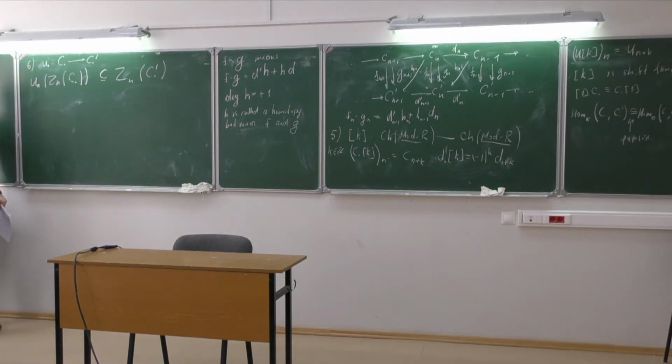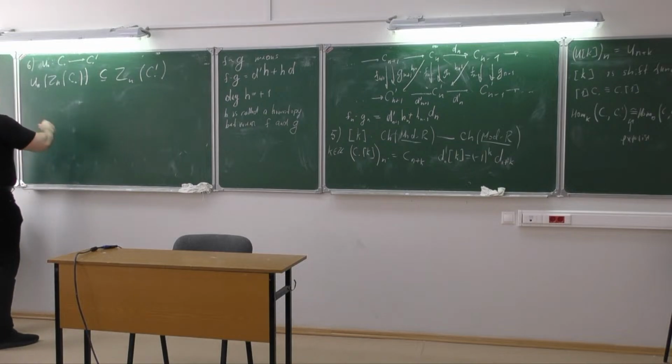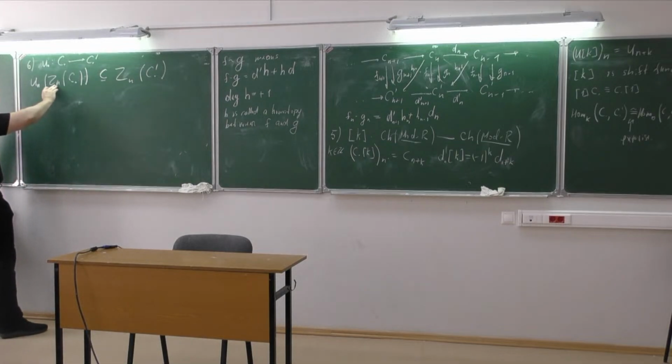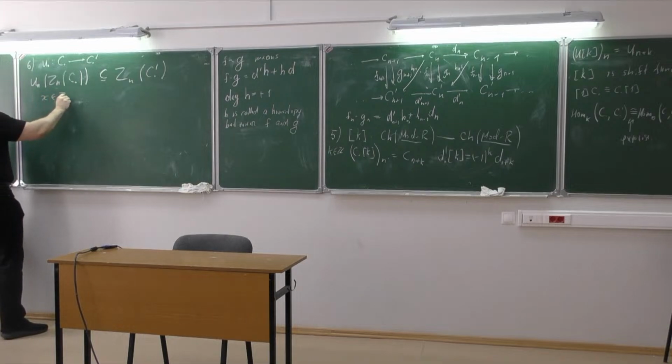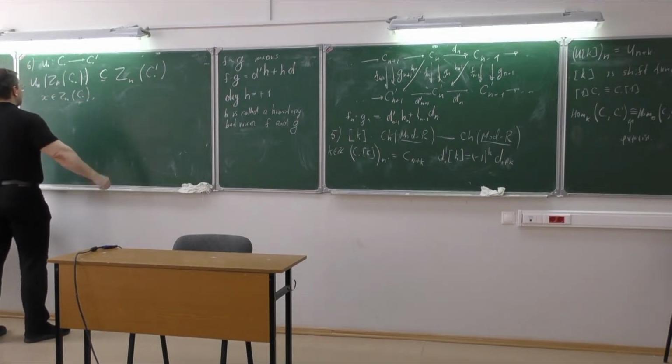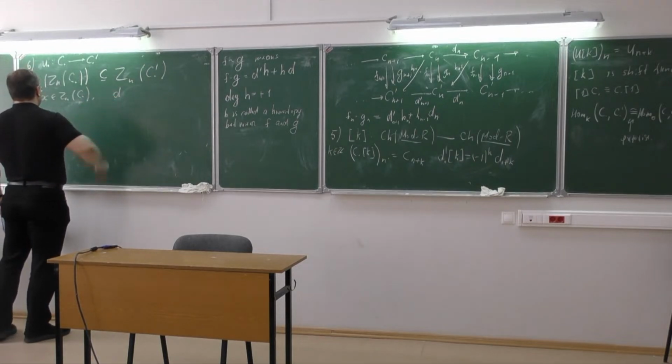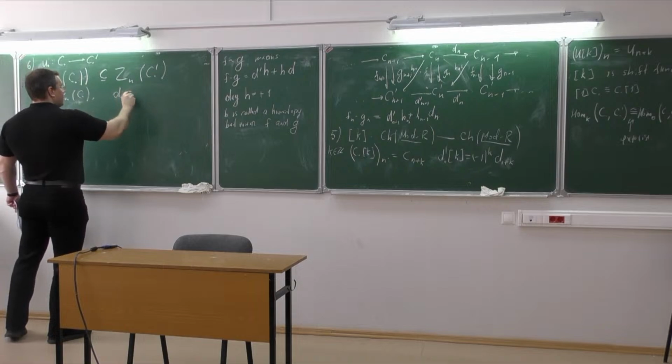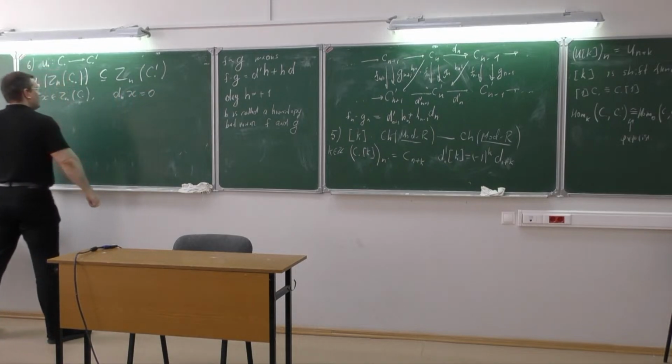So chain map is preserving cycles. Well, this is quite easy to check, I think, right? So suppose we have some x that lives in the cycles of the C. And since this is in the cycles, it means that the differential dn applied to the x is 0, right?